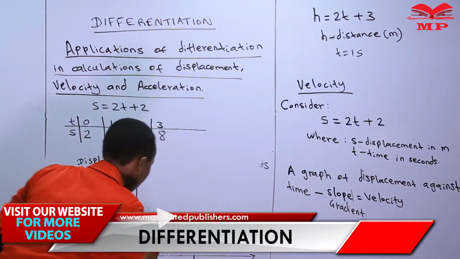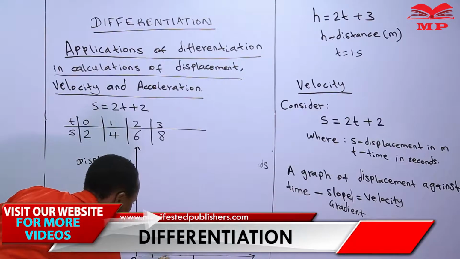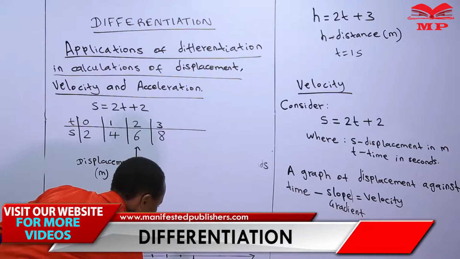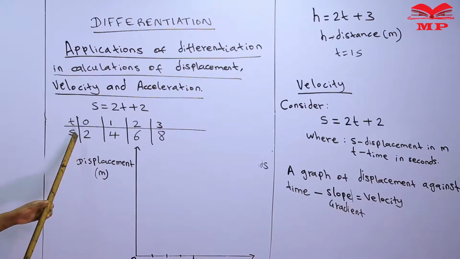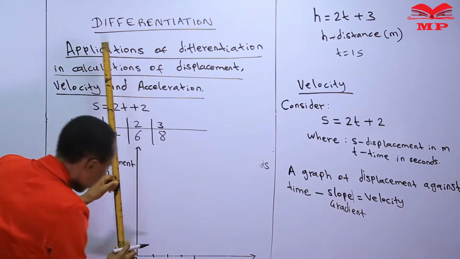So that's what we have: 0, 1, 2, 3. Then we have the displacement. The lowest is 2 and the highest is 8.